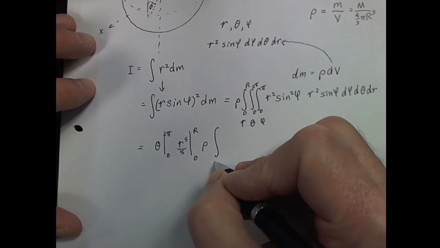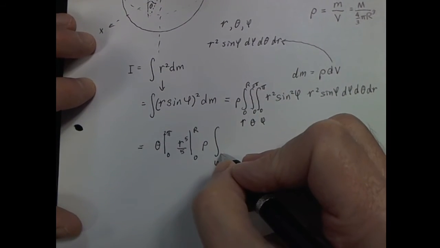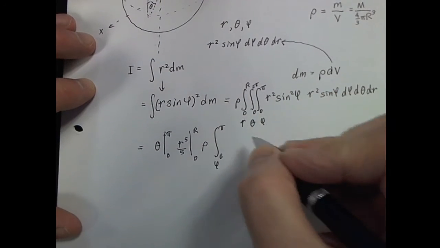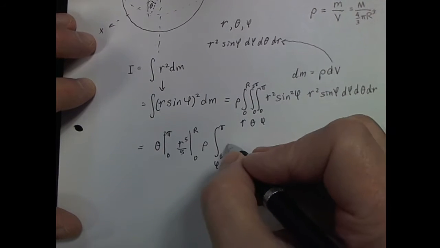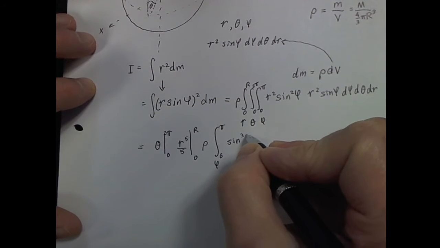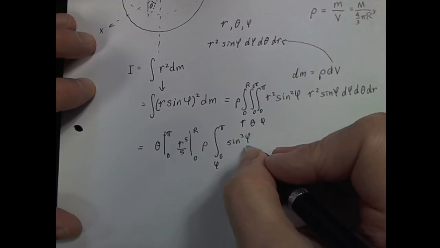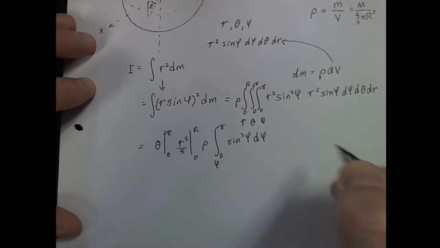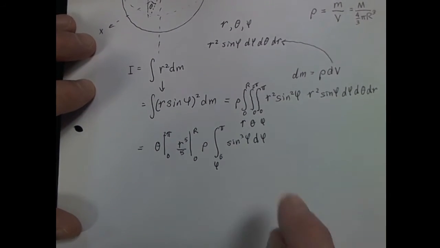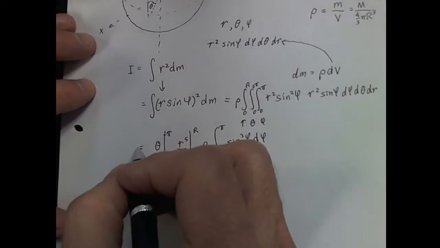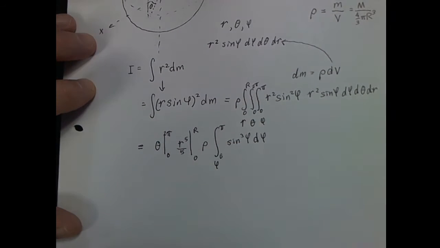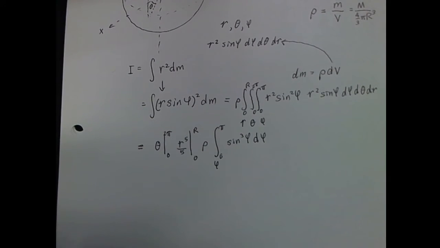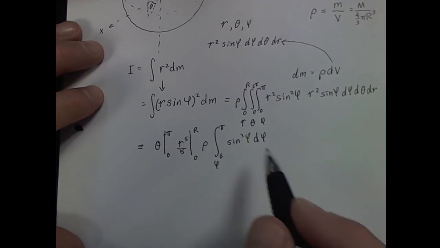Then we still need to integrate phi from 0 to pi of sine cubed phi d phi. Okay, you could just look that up in an integral table if you wanted to. Probably wouldn't hurt for me to go back and refresh your integration by substitution, because we could do a substitution here.